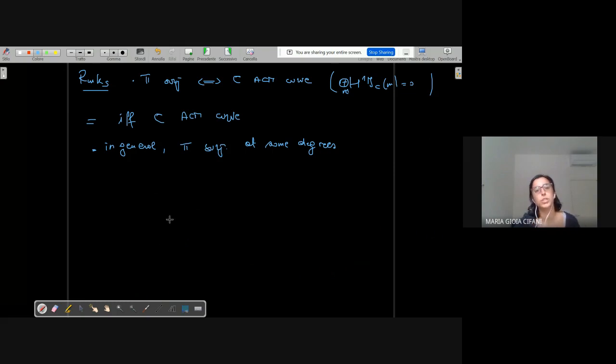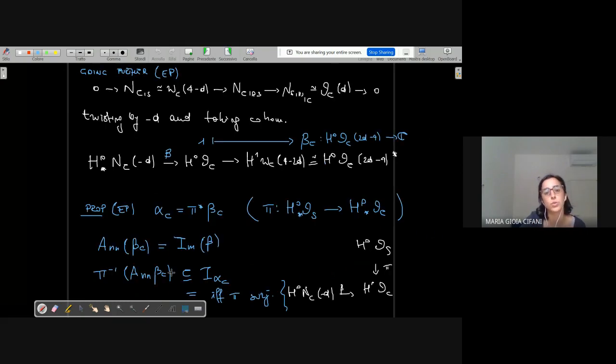So there are degrees in which we have equality, and degrees in which we do not. So fixing a degree in which we want to look for, say, perfect reconstruction, means also checking this property, which can change with the degree. So we really have to fix the degree in which we want to check whether pi is surjective. If C is an ACM curve, we are sure that it is always surjective.